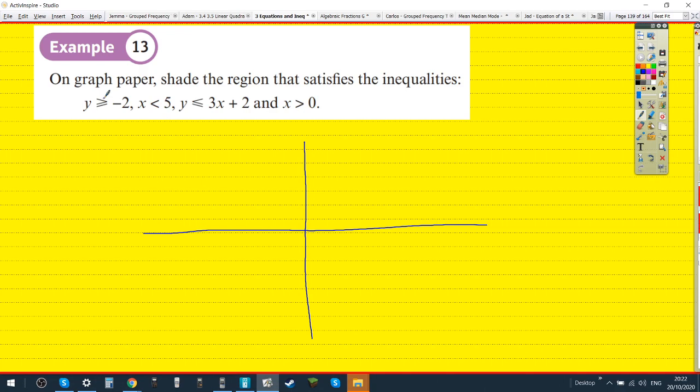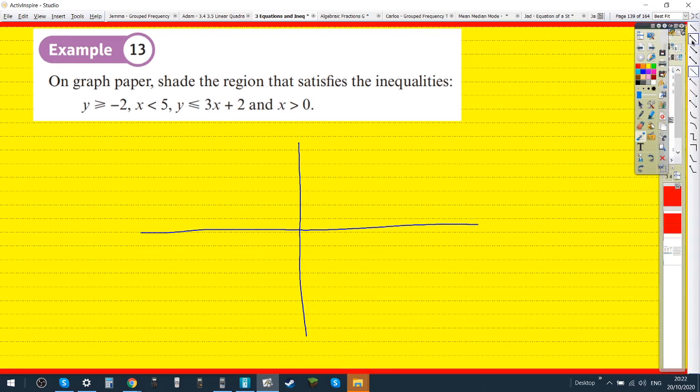Okay, how do we do this thing? y is greater than or equal to -2. You start by doing y equals -2. Do you know how you'd draw y equals -2? Would it just be -2 on the graph, and then just the line going straight up?